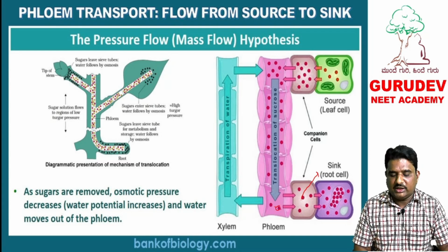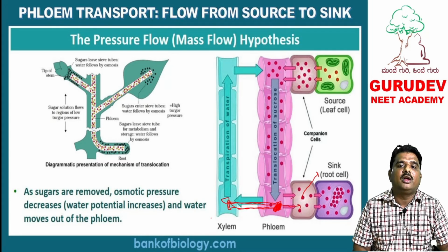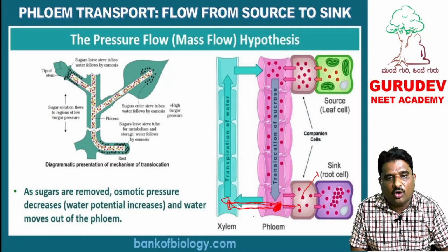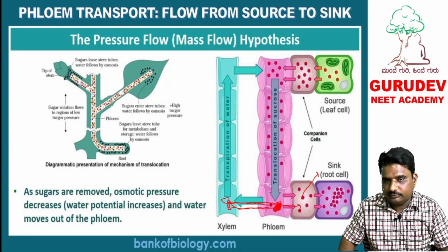As the water potential increases, water from this phloem re-enters the xylem. Why does water potential increase? Because starch is removed here. So in this way, this is called the mass flow hypothesis or pressure flow hypothesis.